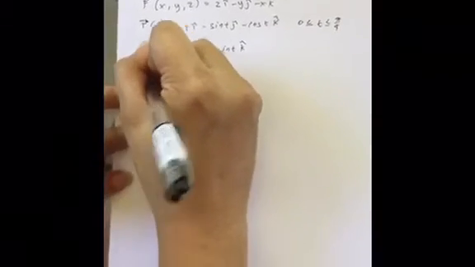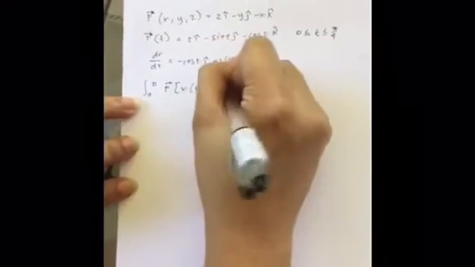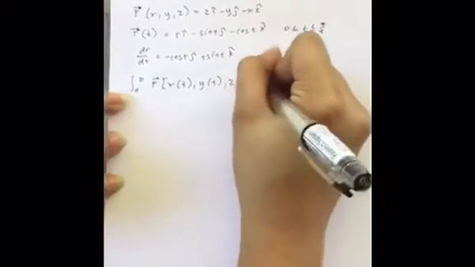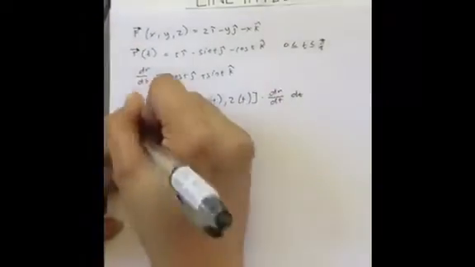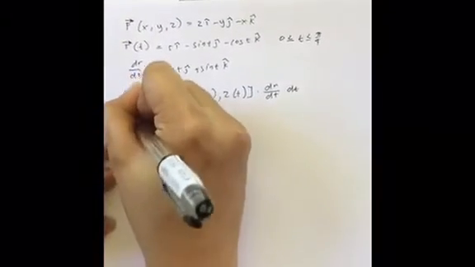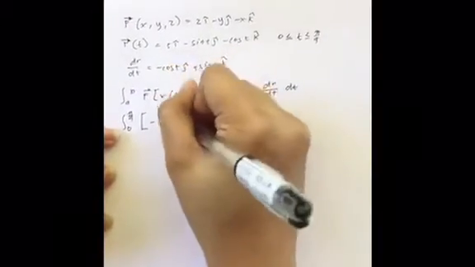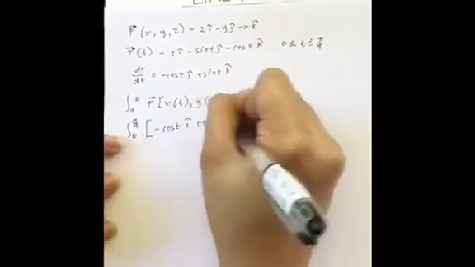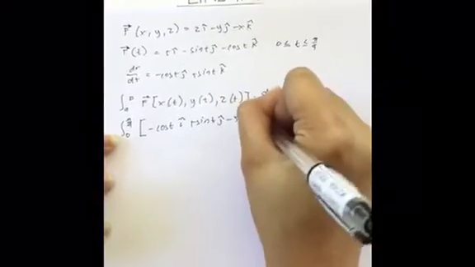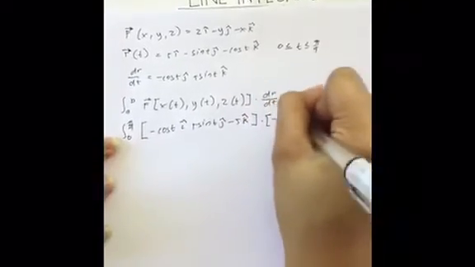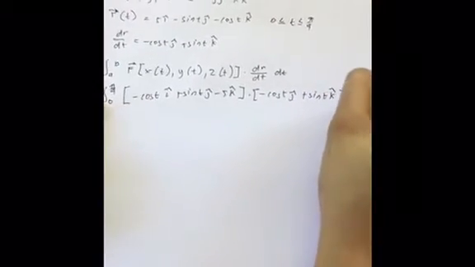Then the formula is the integral from a to b of the vector field F of x(t), y(t), z(t), multiplied by dr dt times dt. So we have the integration of 0 to pi over 4 of negative cosine t in the i direction plus sine t in the j direction minus 5 in the k direction, times the negative cosine t in the j direction plus sine t in the k direction, times dt.